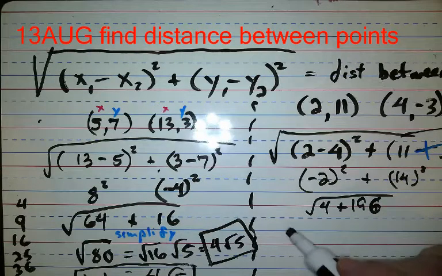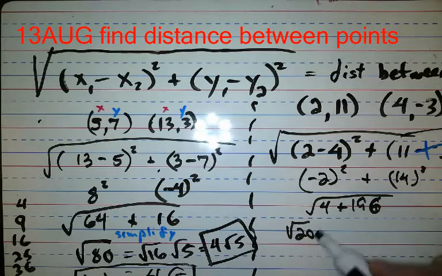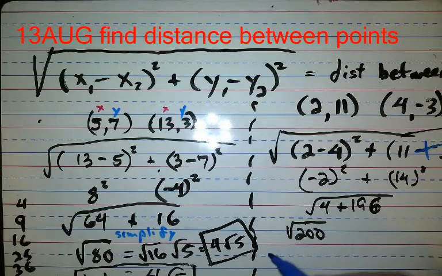So that's the square root of 200. Now remember that we have to simplify, which means we have to divide by perfect squares.